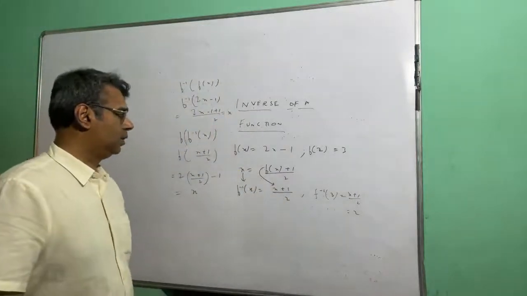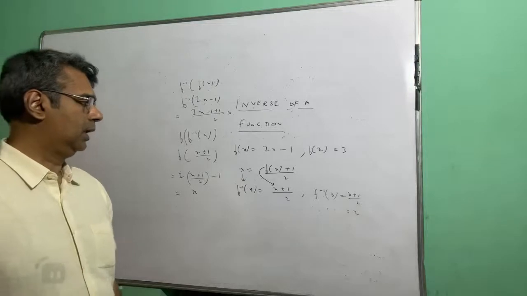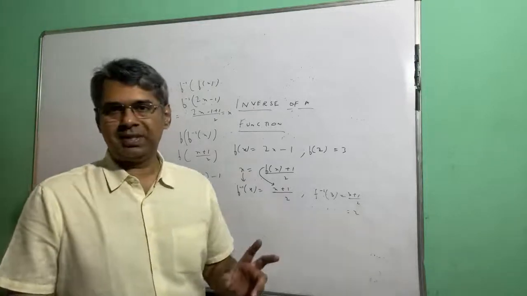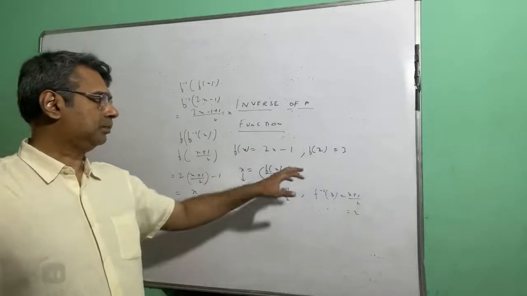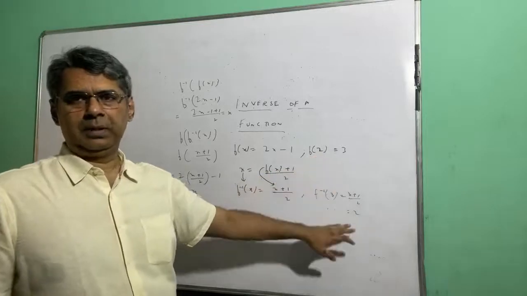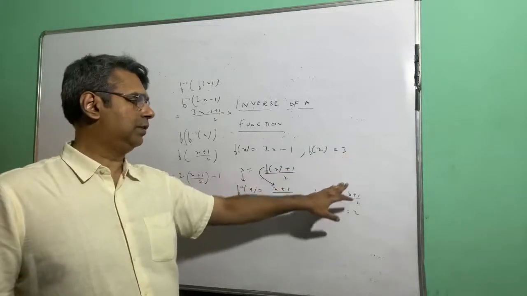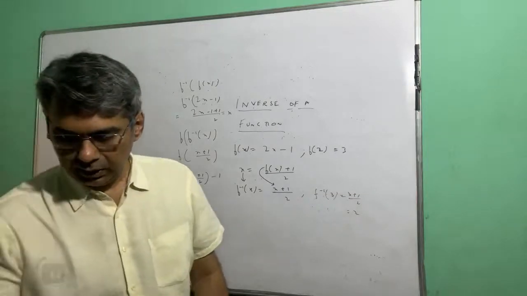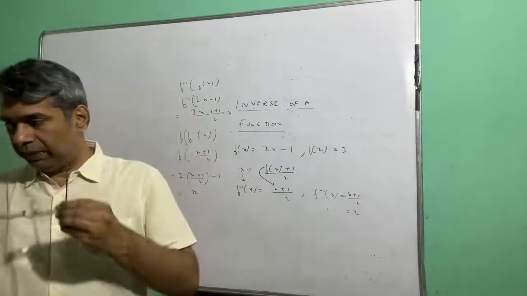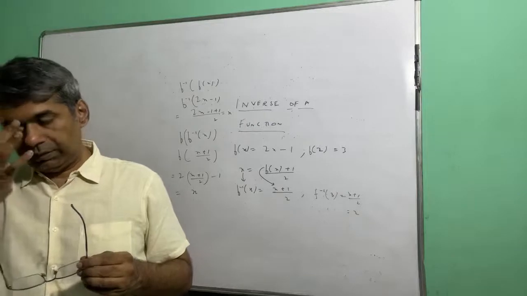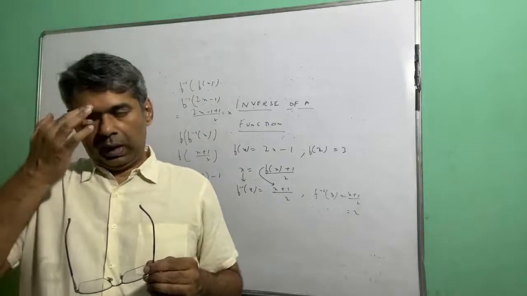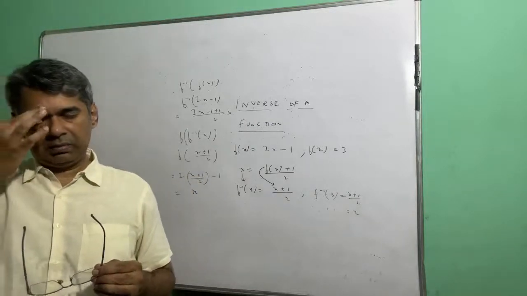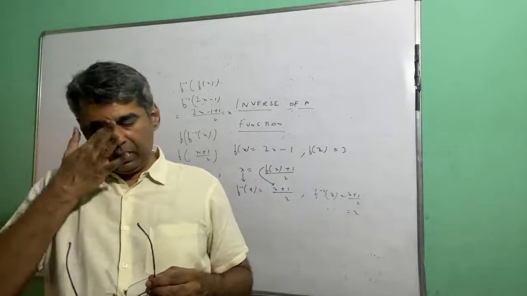Now in the case of inverse function, the role reversal: domain of the function becomes range of the inverse and range of the function becomes domain of the inverse. So this suggests that you can only find inverse of a function if it is one-to-one onto. Otherwise the role reversal will not work, right?